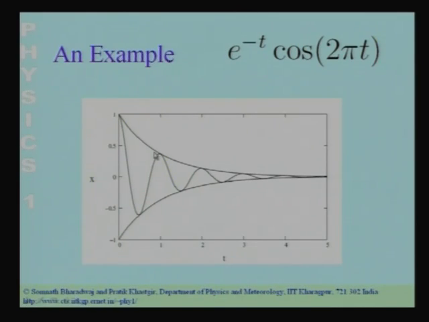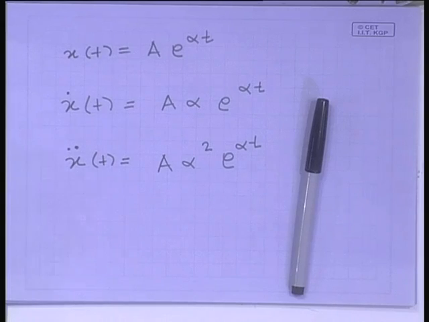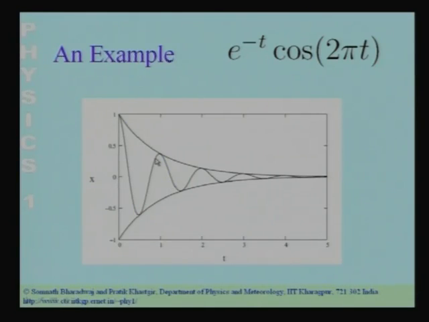So, the amplitude here is going to be e to the power minus 1, that is 1 by e. The amplitude here is 1. So, if you divide 1 by 1 by e, you get e, and you are supposed to take the natural logarithm of that. The natural logarithm of e is 1. So, the logarithmic decrement for this oscillation is 1.